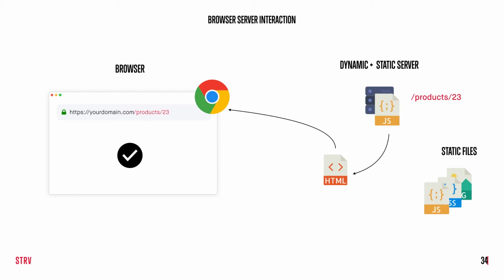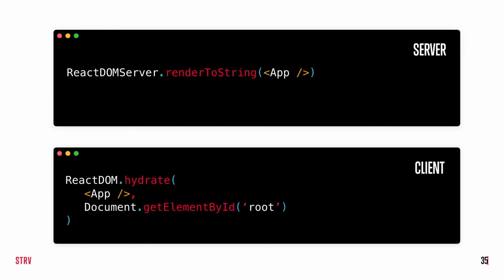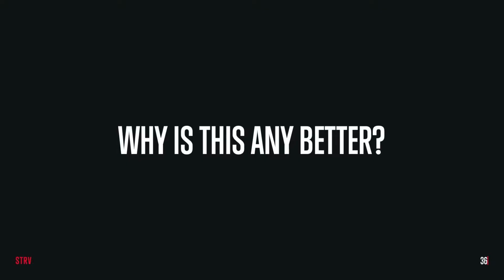It's going to fetch the front-end JavaScript, the images, CSS, etc. Just remember, in general, the pattern is you use renderToString to generate the HTML, and then on the client you use React hydrate, and you add the event listeners and everything on top.